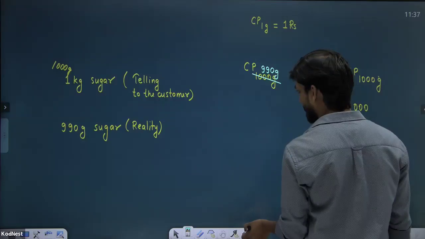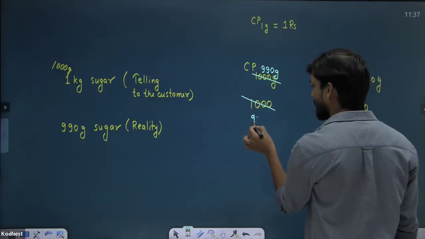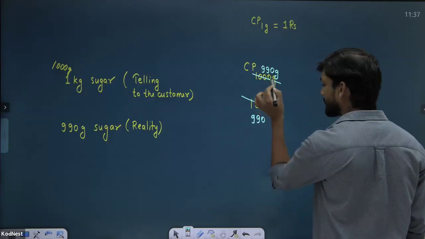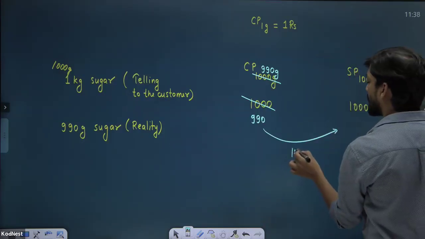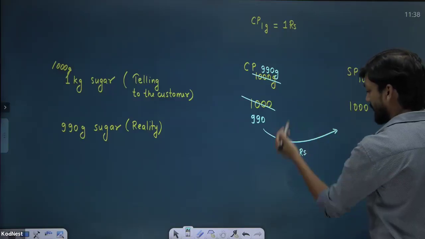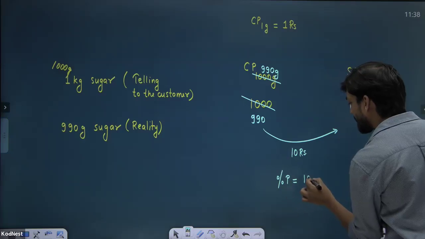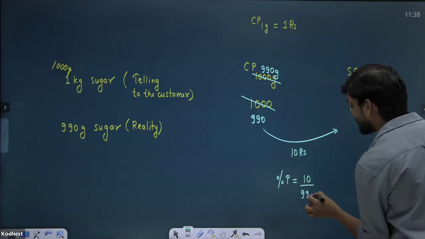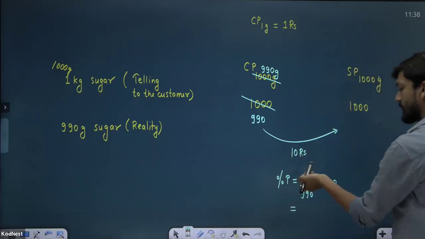I should not take 1,000 because I'm doing cheating. I should take 990. So that means there is a profit of 10 rupees. And that means there is a percentage profit of 10 by 990 into 100. So this we will have to solve.